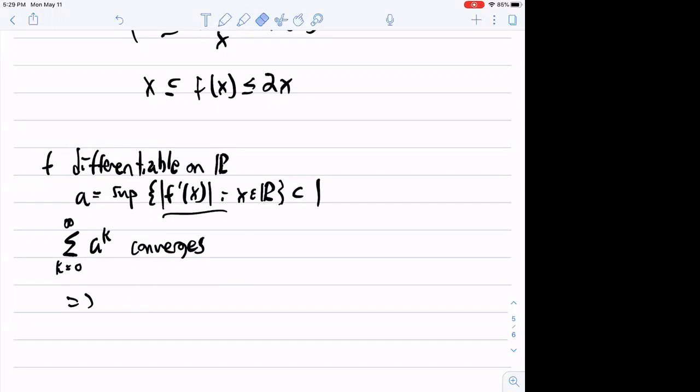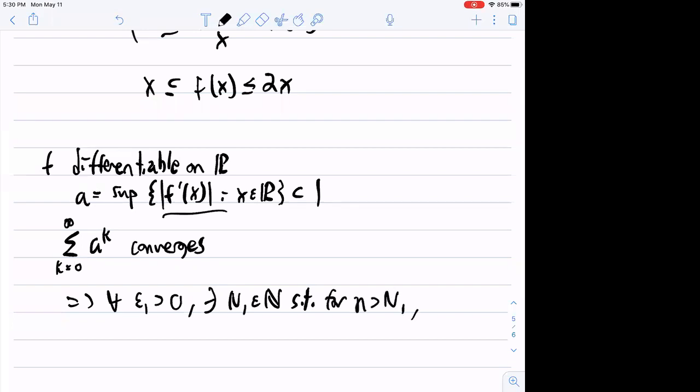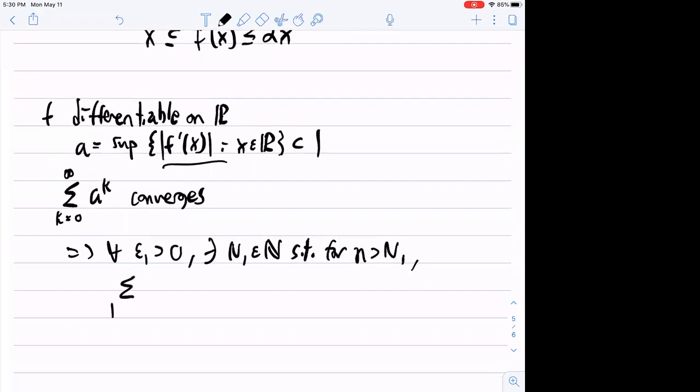It means for all epsilon 1 bigger than 0, I'll use epsilon 1 because I'm going to use epsilon later, there exists n1 in N such that for n bigger than n1, the sum from k equals n to infinity is less than epsilon 1.